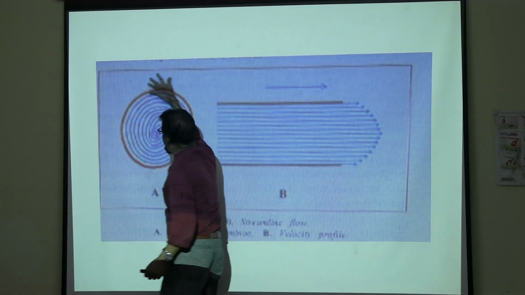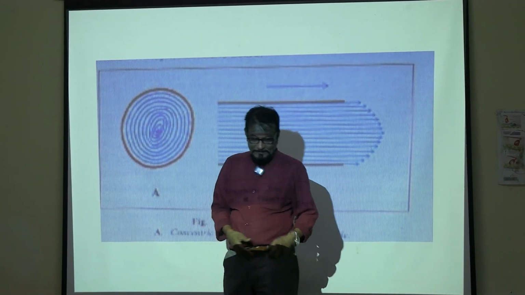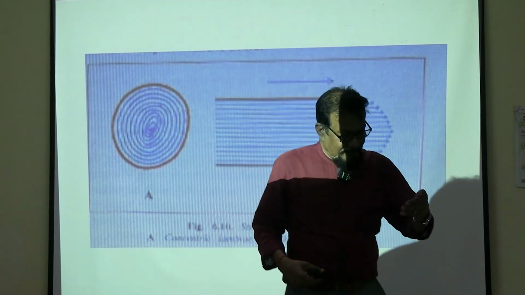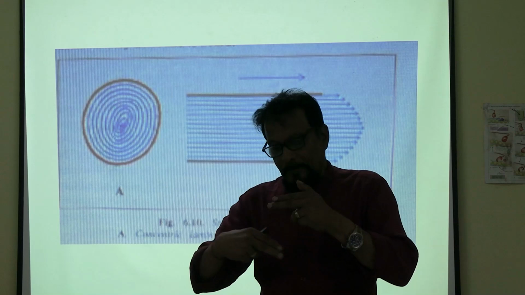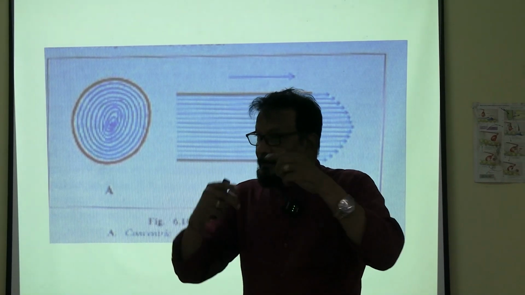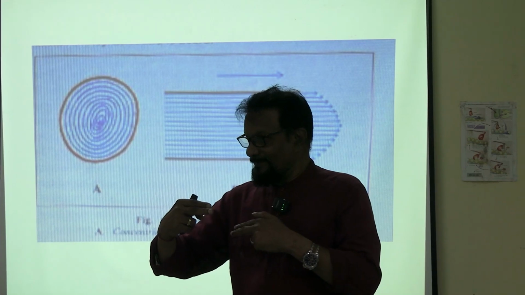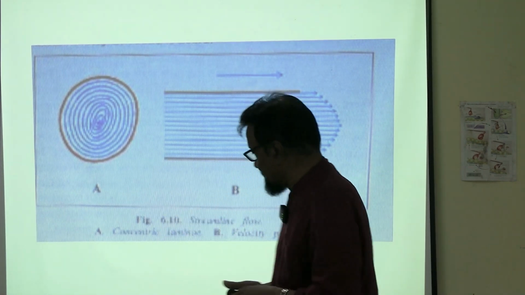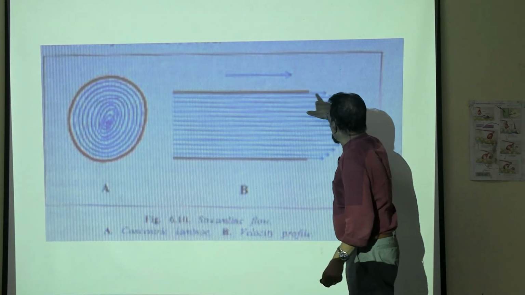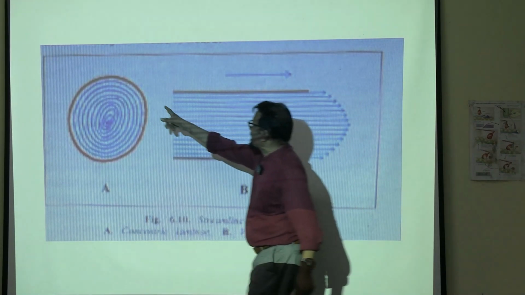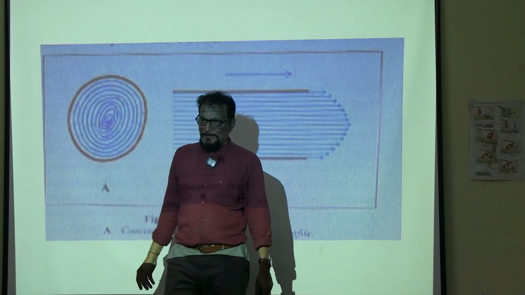This is the cross-sectional area of the blood vessel, and this is a long section. Blood or any fluid, when passing through a tube, passes in different layers, circular layers.